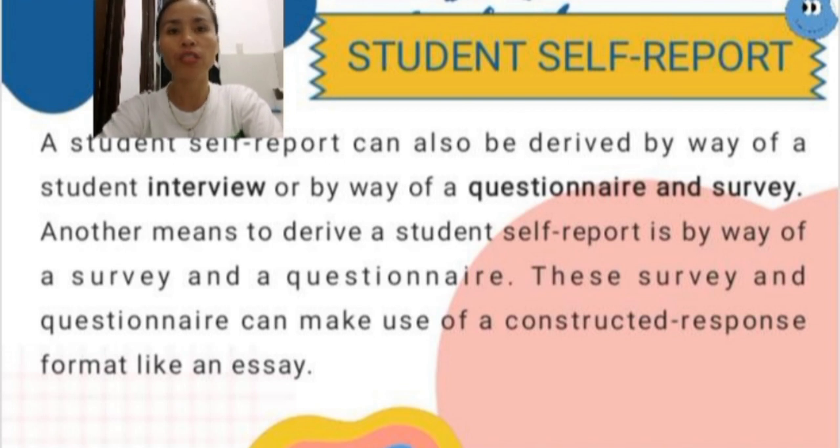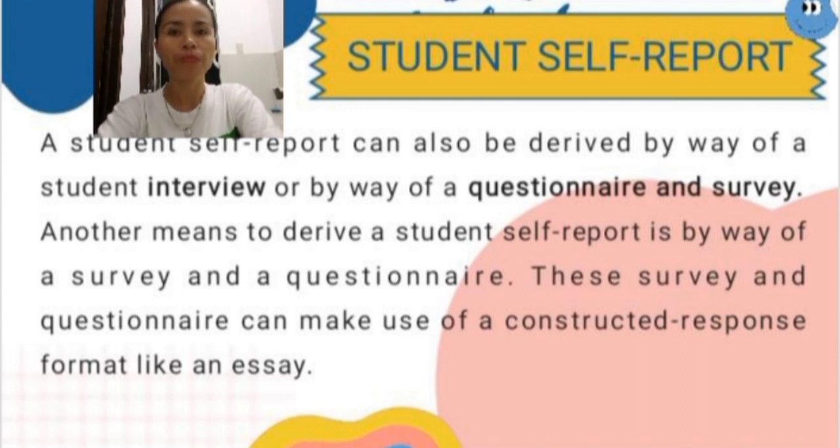Constructive response is a straightforward approach asking students about their feelings by responding to a simple statement or question in a format like an essay, while the selective response is one in which students can choose from options, and this assures anonymity.